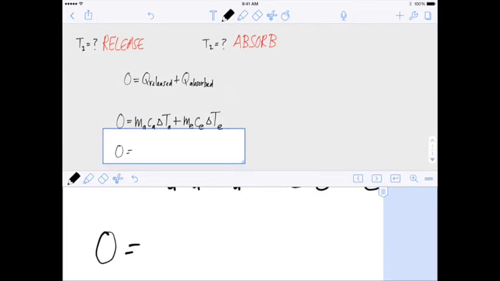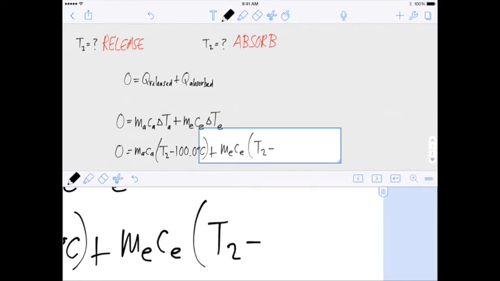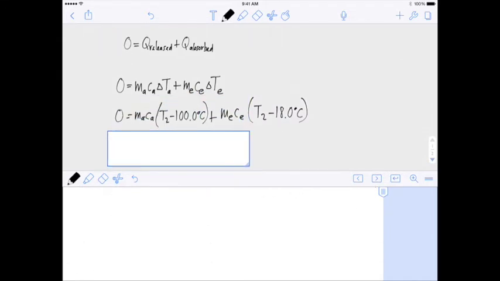Here we know that the initial temperature of the aluminum was 100 degrees Celsius, and the initial temperature of the ethyl alcohol is 18 degrees Celsius. So we're going to have to solve for T2.